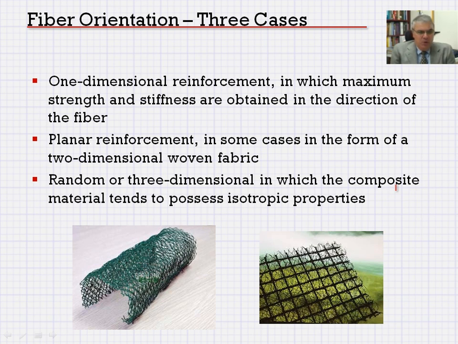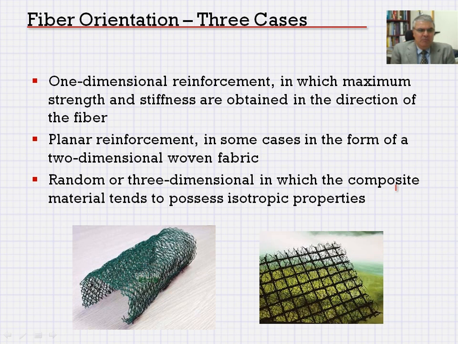We can have one-dimensional reinforcement, two-dimensional reinforcement, and three-dimensional reinforcement. In one-dimensional reinforcement, as the name implies, the maximum strength and stiffness are obtained in the direction of the fiber.